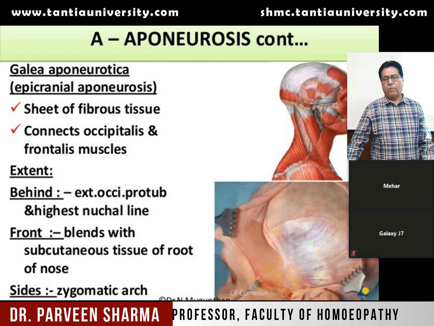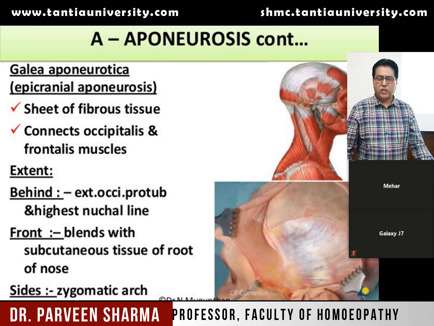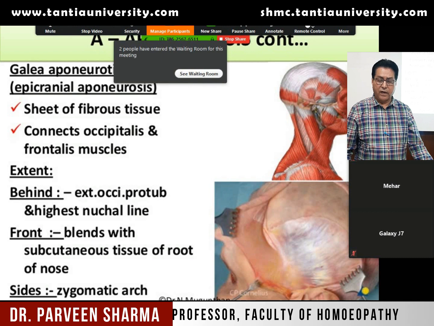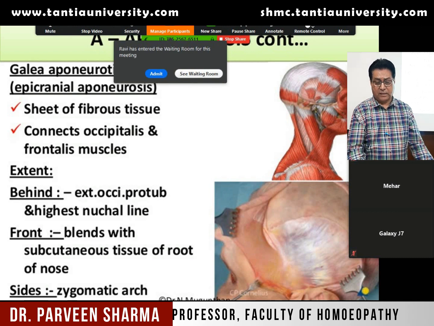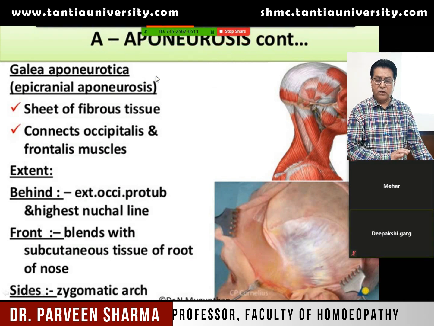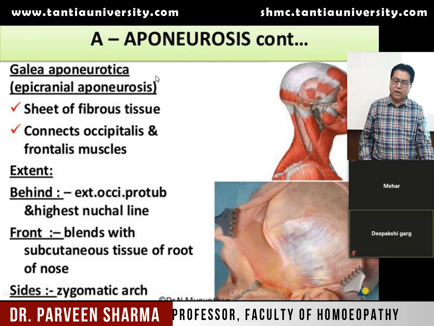So I was telling you about the emissary veins, the veins which connect extracranial veins, outside of the skull, with the intracranial veins, which are inside of the skull. So they are known as emissary veins. So what is the importance of these veins? Because these are the communicating veins.